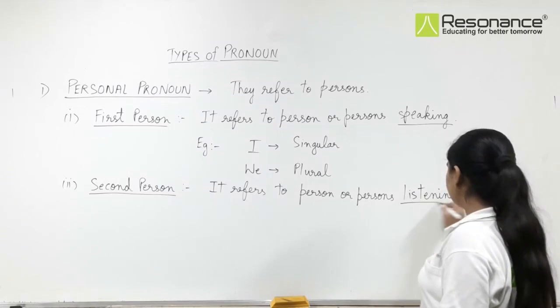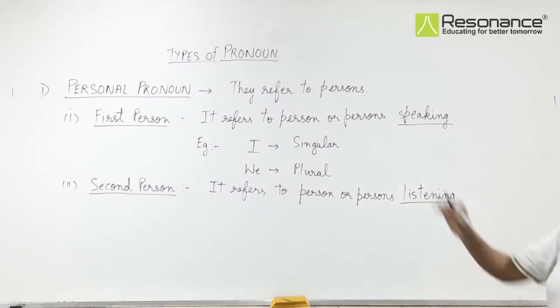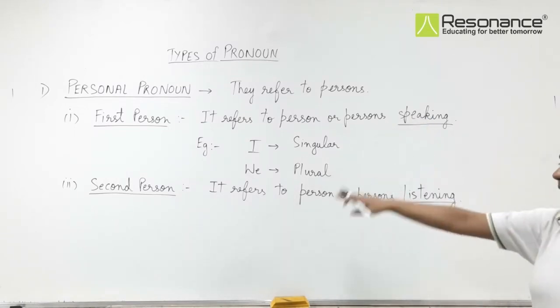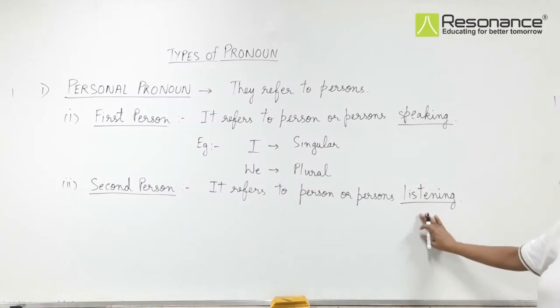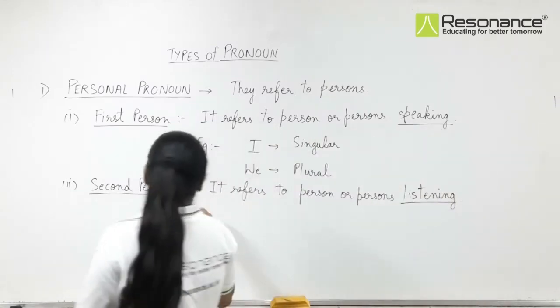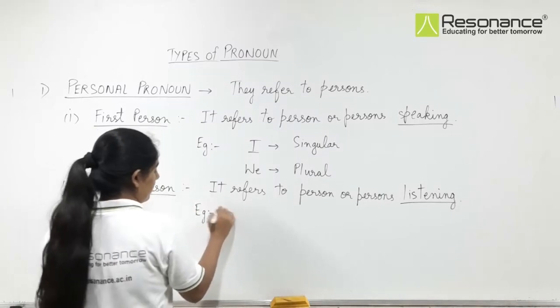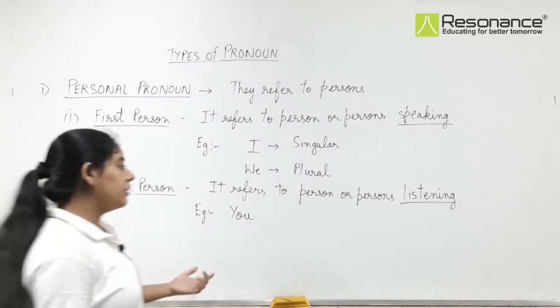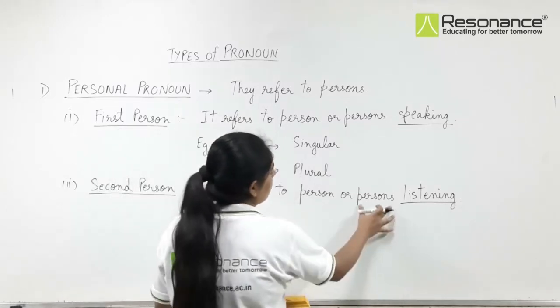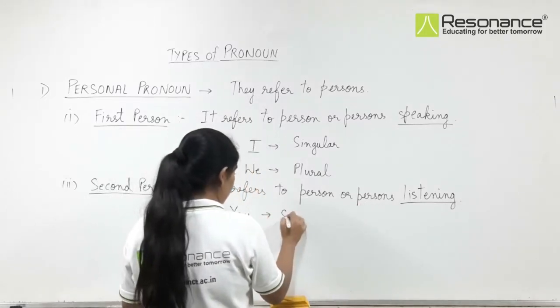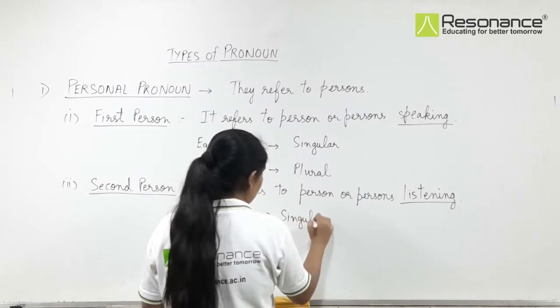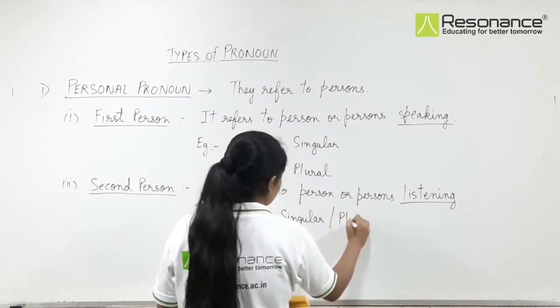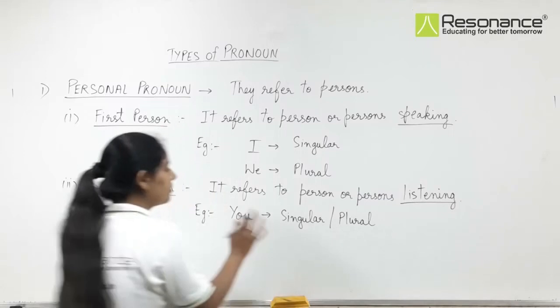Here what is the key word? Listening is the key word. Okay, first person is the speaker, second person is the listener. Fine. What are the examples of second person? You. You is second person, whether you talk in singular terms or in plural terms. Okay, it is used for both singular and plural. In both the cases, you remains you only.